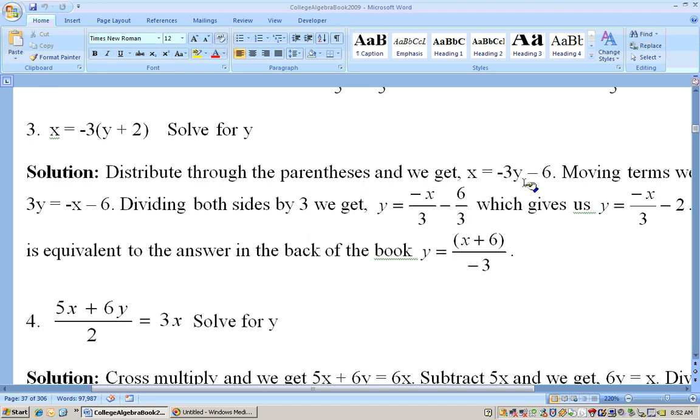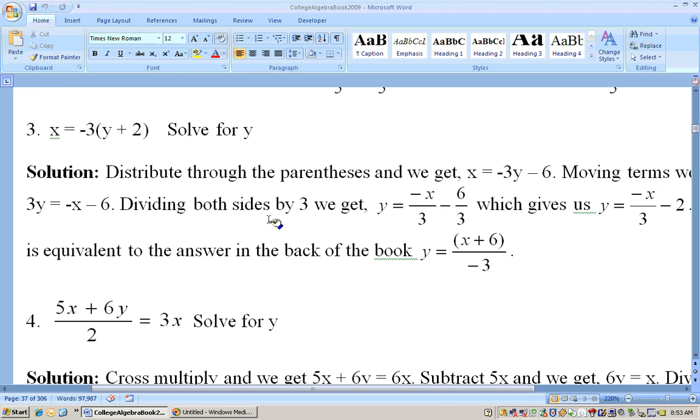I try to get the y's to be positive, the variable I'm solving for, the coefficient in front of it, to be positive. So I move my minus 3y to the left and my x to the right. When I do that, I'll get 3y because I moved it to a different side. I added 3y to both sides, and I subtracted x from both sides to get 3y equals -x minus 6. Then just divide both sides by 3, and I would get -x minus 6, all that divided by 3.